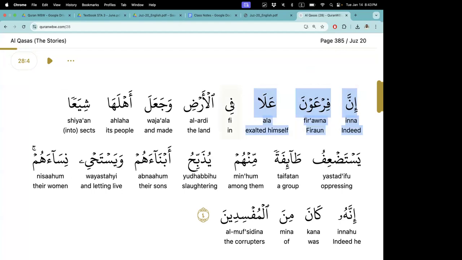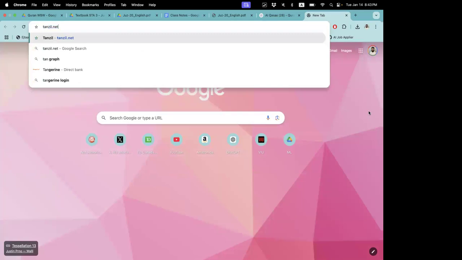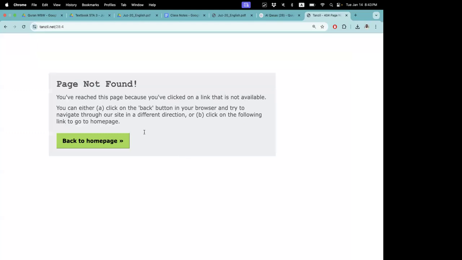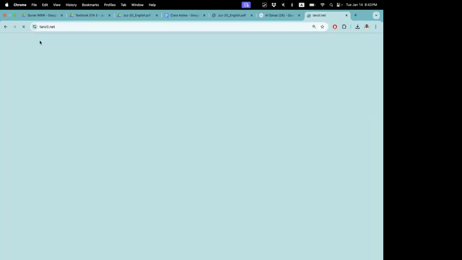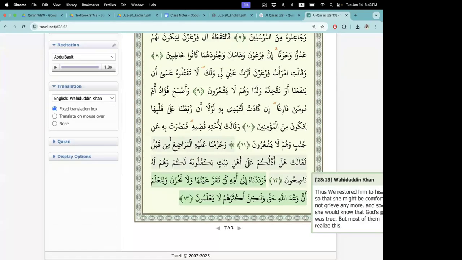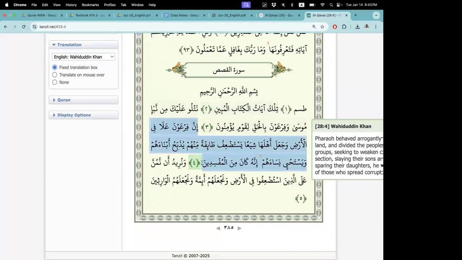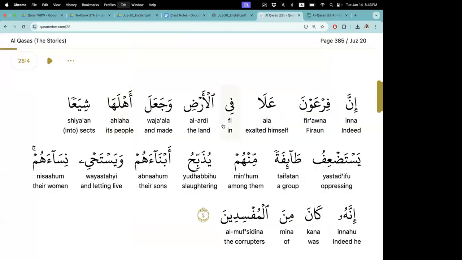Let me type this here. Sorry, folks, give me one second here. Tanzil.net. Oh, sorry. I don't know. I think Quran.com has one, but I don't know if it's word for word.